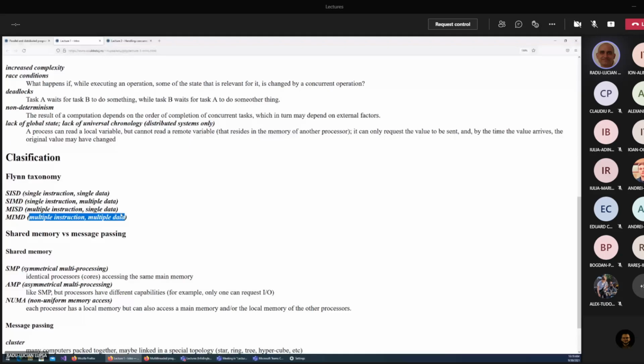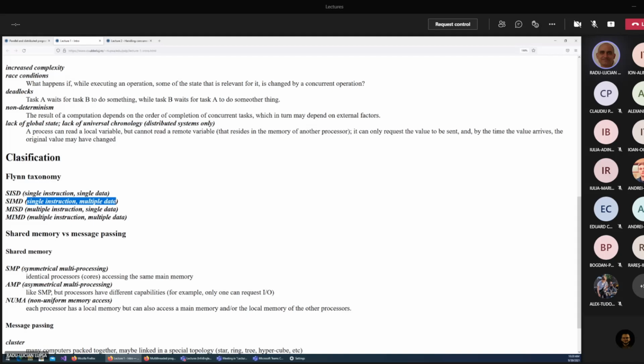Now, it depends a little bit, because the GPUs, the graphical processing units, in a way, behave as single instruction, multiple data, in the sense that at least they are optimized to do some vector operations, even if maybe not the full vector is processed at the same time.